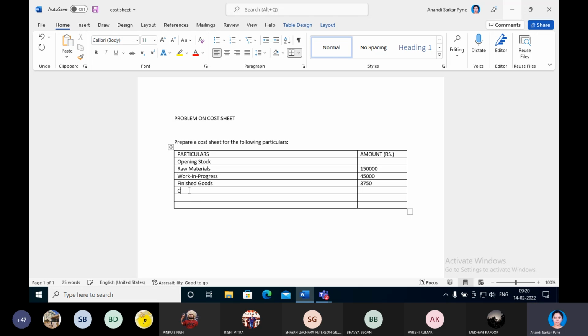Closing stock, on the other hand: raw material 1,35,000, work in progress 37,500, finished goods 11,250.